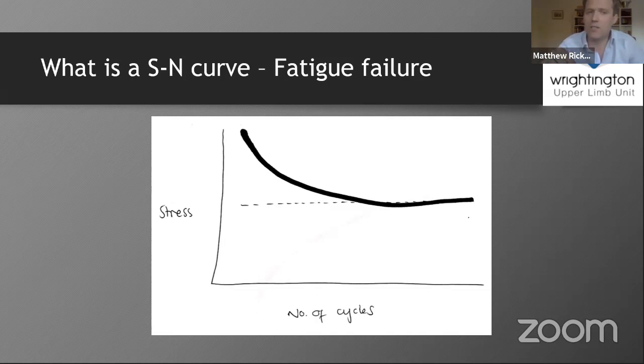The S indicates stress, the N indicates number of cycles. There is a dotted line, which is the endurance limit, and this is the maximal stress at which a material is able to withstand 10 million cycles of loading. So those are the key factors that you point out on an SN curve when talking about fatigue failure. But the crux of this is that if you have an implant that is cyclically loaded with time, then it will fail below its ultimate tensile strength.